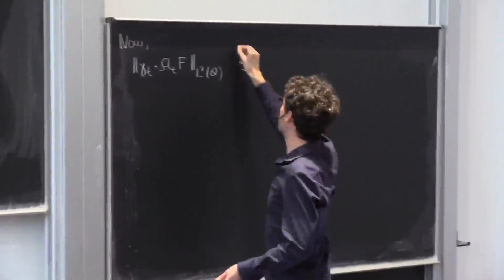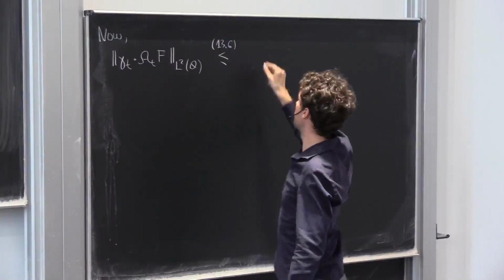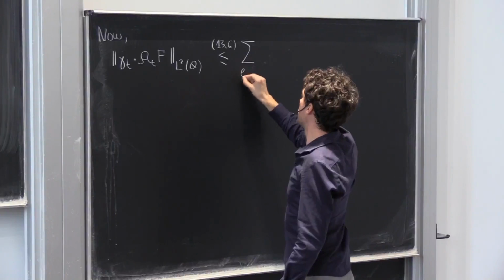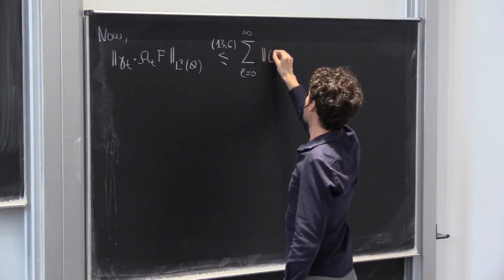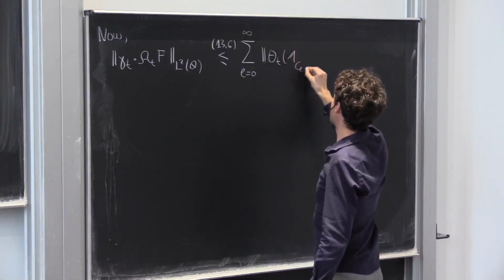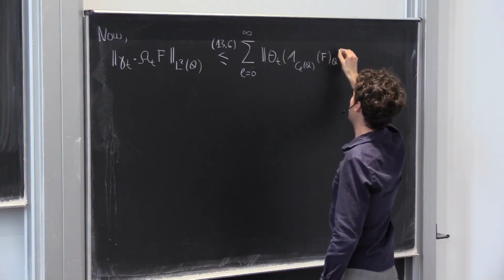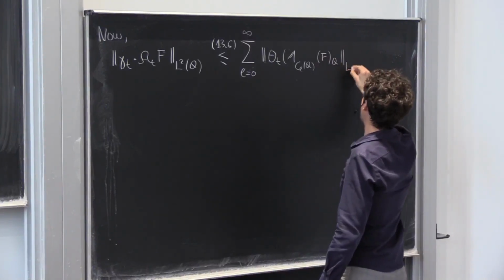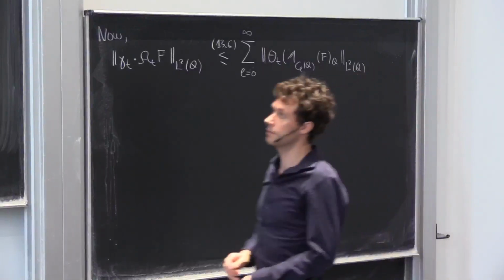So by 13.6, my calculation over there, this is bounded by the sum over L from 0 to infinity of the L2 norm on Q of theta t acting on 1 times c_L Q times f_Q. I just took the triangle inequality in my formula.